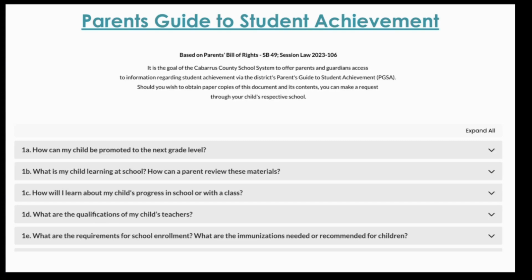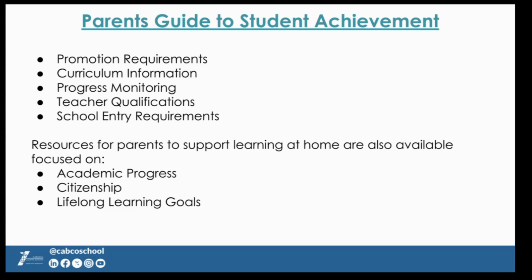The Parent's Guide to Student Achievement can also be found on the CCS website. This is an image of what this page looks like. The Parent's Guide to Student Achievement provides opportunities for parents to engage with key components and parental actions to support learning at home.